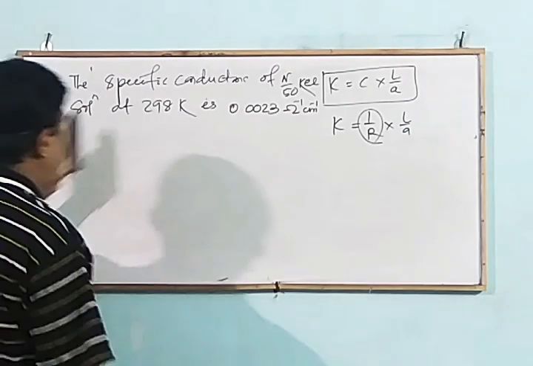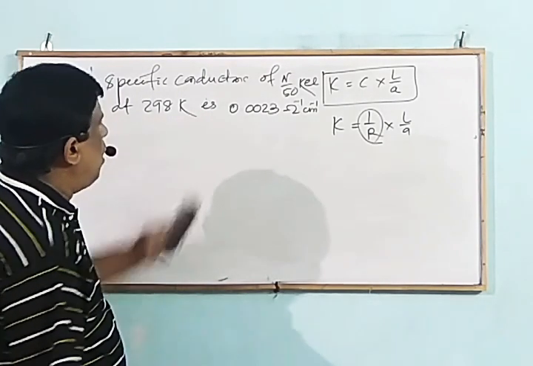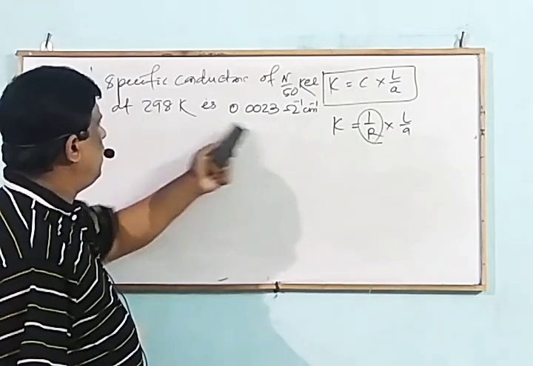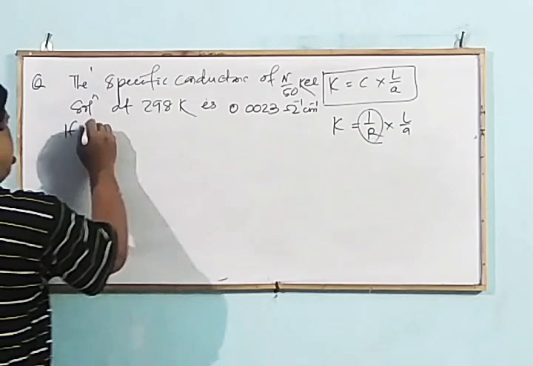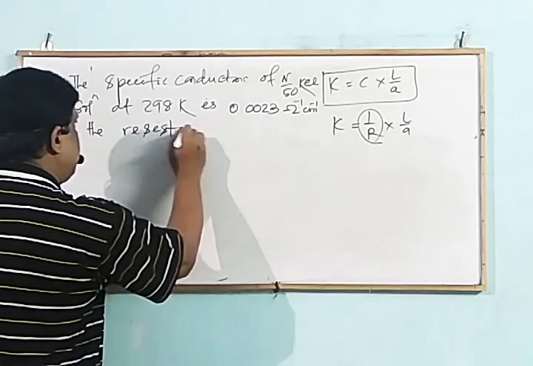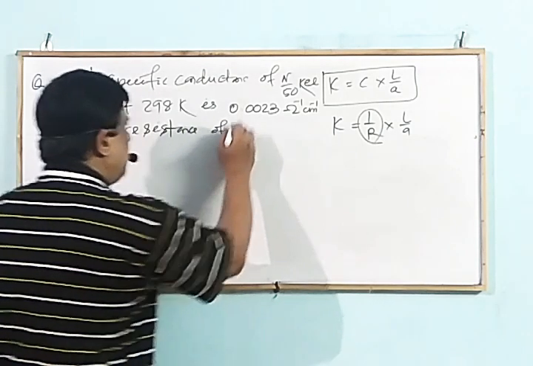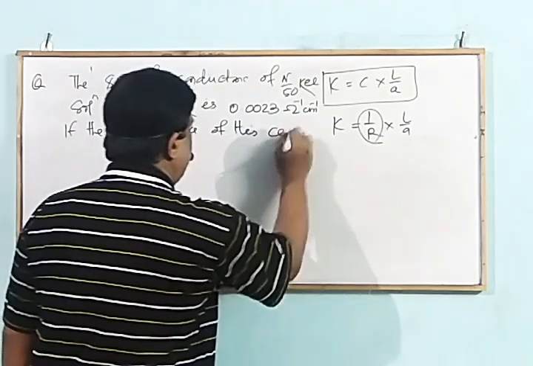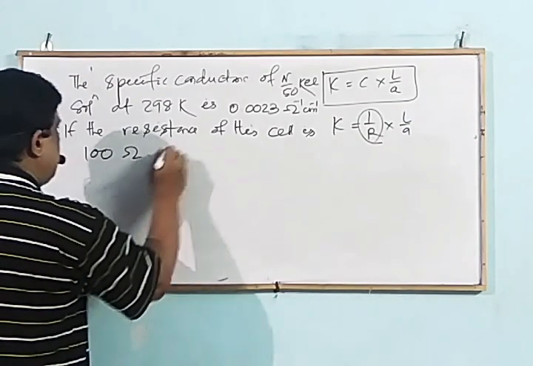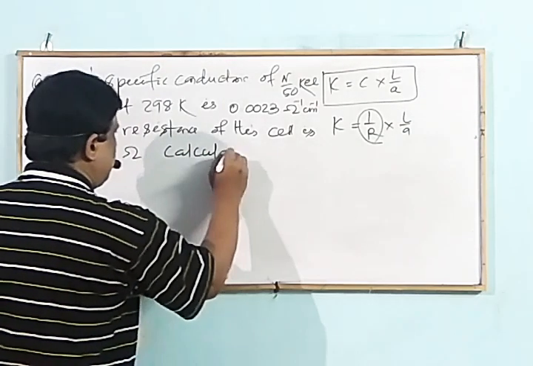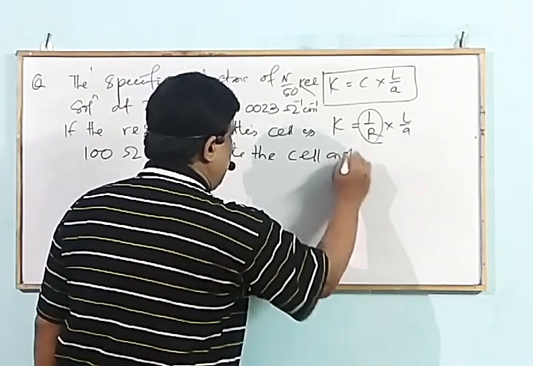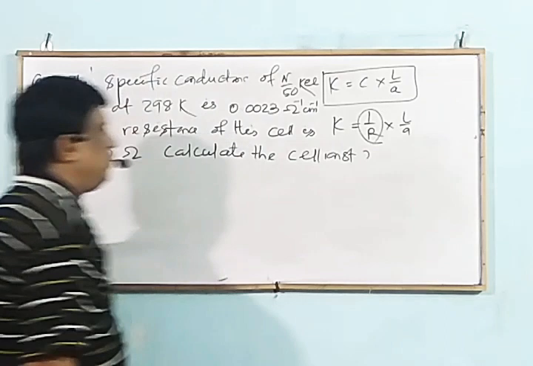I repeat again, the specific conductance of N by 50 KCl solution at 298 Kelvin is this much. If the resistance of this cell is 100 ohm, calculate the cell constant.